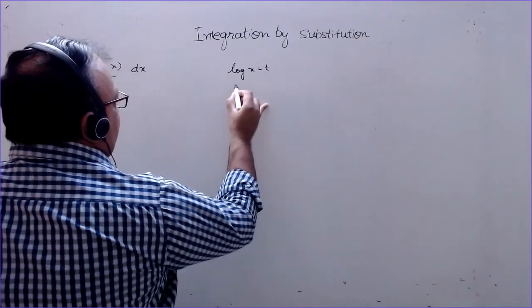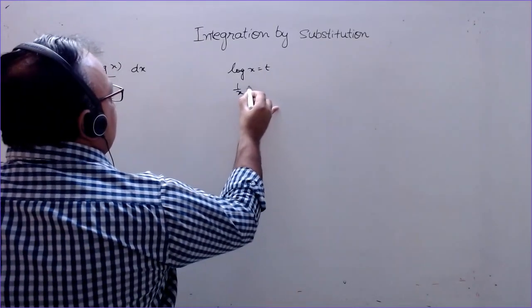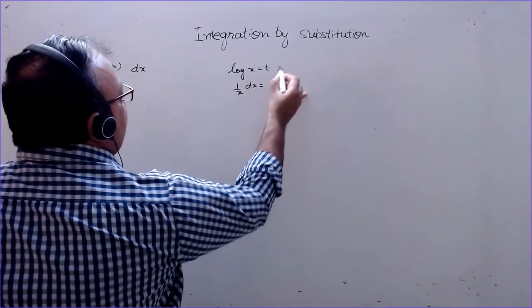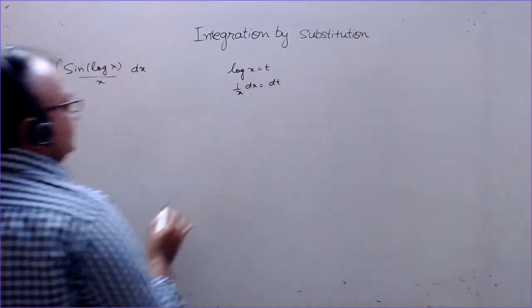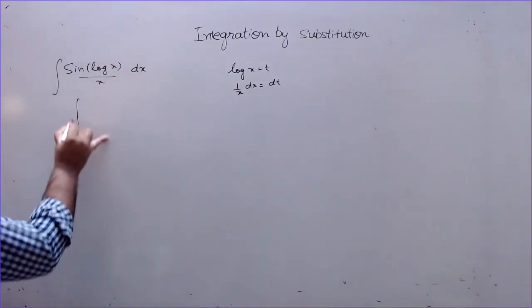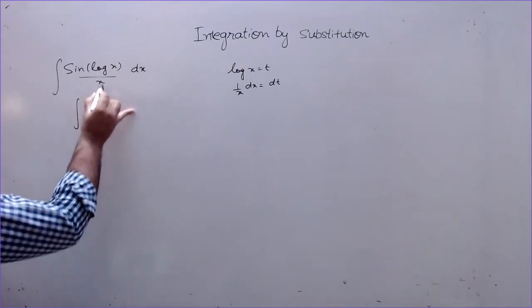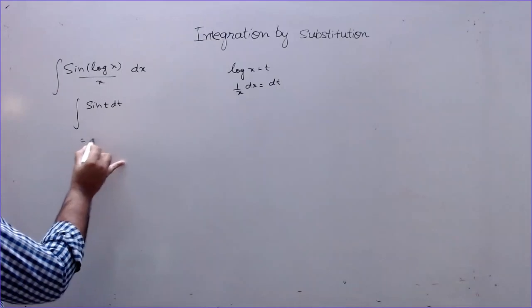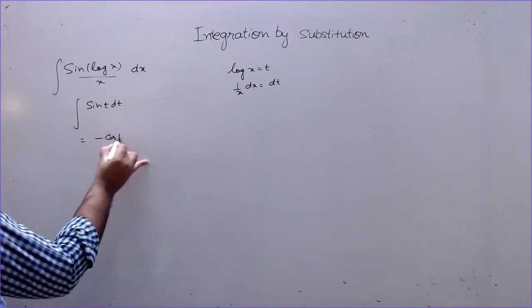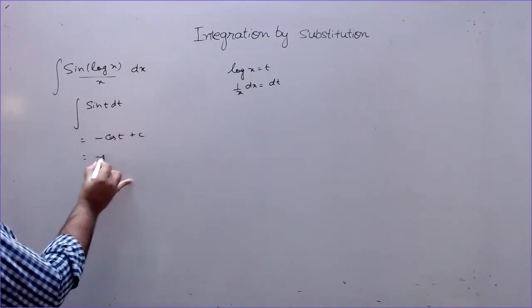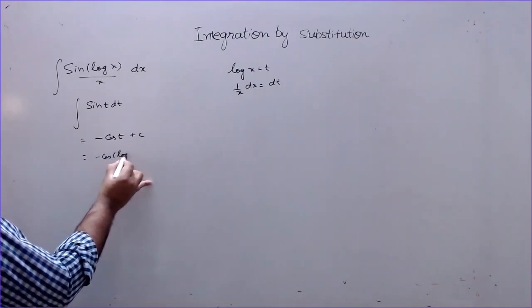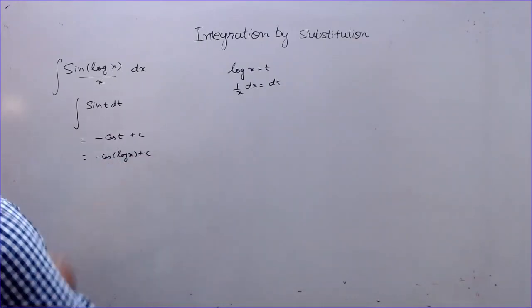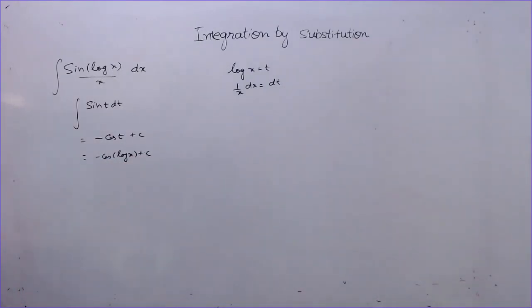Differentiating with respect to x, 1 by x dx is equal to dt. So I will put the value: sin of log x is sin t, and 1 by x dx is dt. So the answer is minus cos t plus c, and putting the value, minus cos log x plus c. This is the solution to this question.